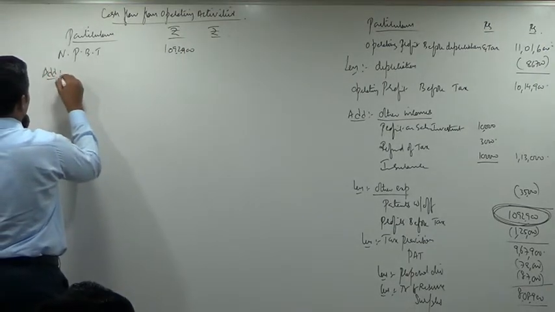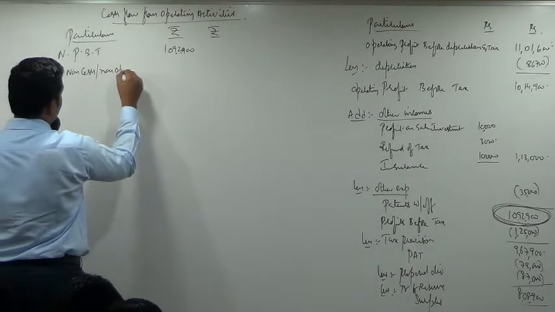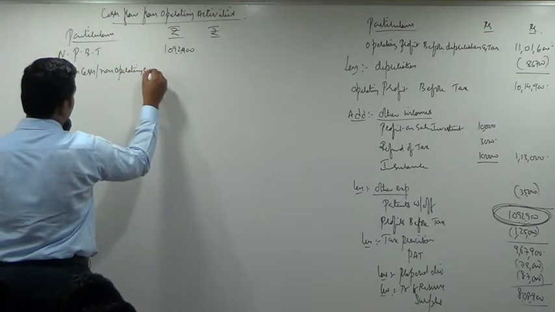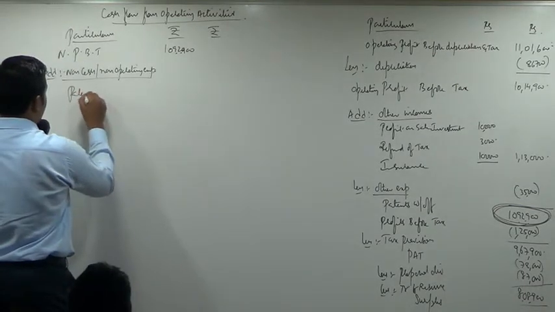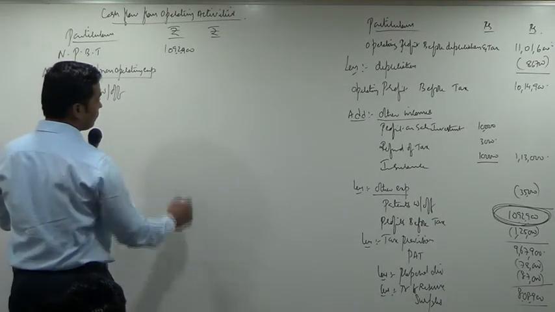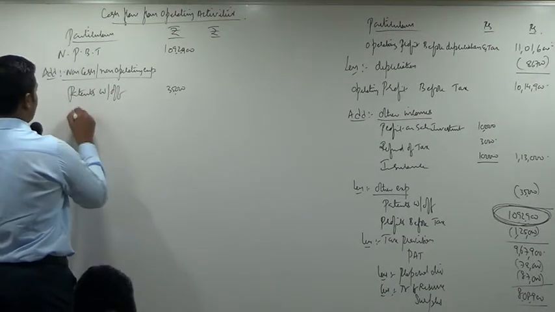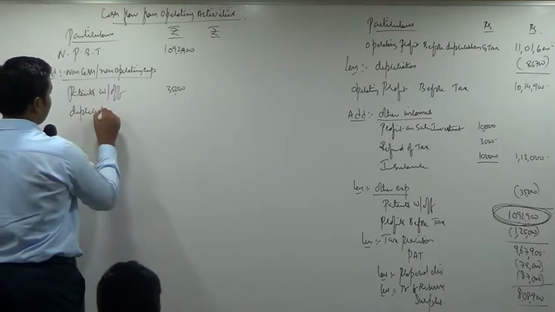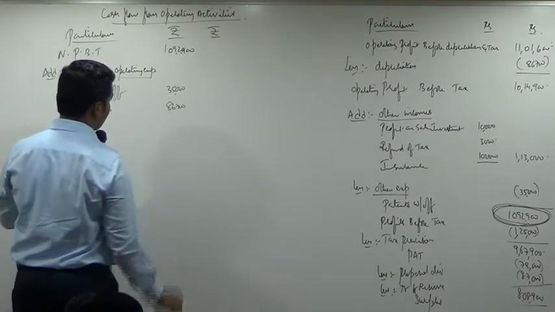Add non-cash, non-operating expenses. If I observe, patents written off is a non-cash expense. It does not involve cash outflow. 35,000 have to add. Depreciation also have to add. Depreciation 86,700.